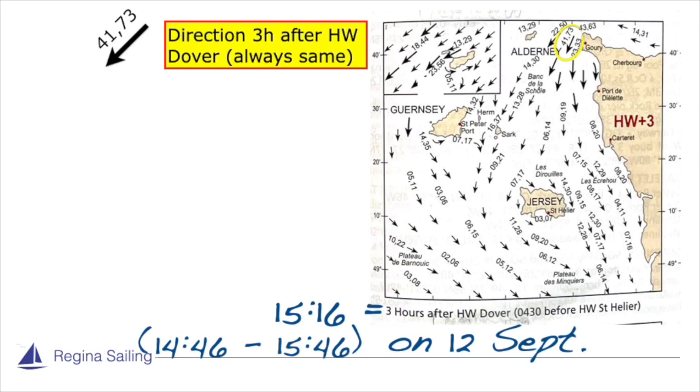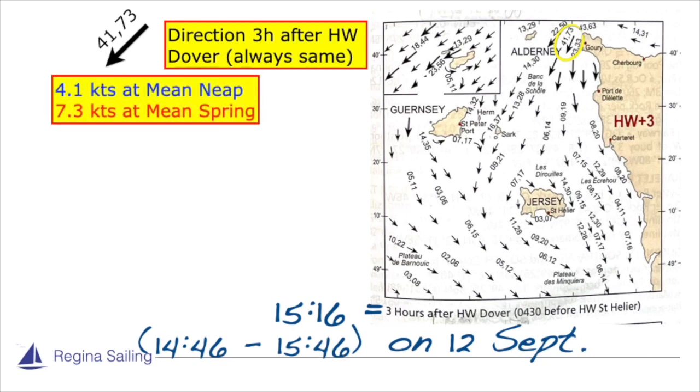Don't kill the messenger when I explain this, because I can't help that they have intended it the following way. So what they want to tell you is the 41 means it's 4.1 knots at mean neap and 7.3 knots at mean spring. That's quite a strong current. That's what it says.